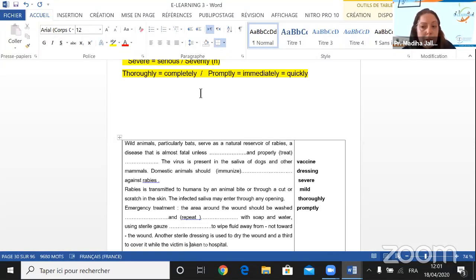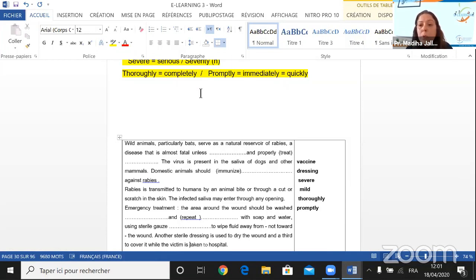Thoroughly means completely. Here, just one context of thoroughly. In anatomy, you study the structure of the body thoroughly, so you don't miss any details, a thorough study. But in English, you study anatomy not thoroughly, which means briefly, at a glance.